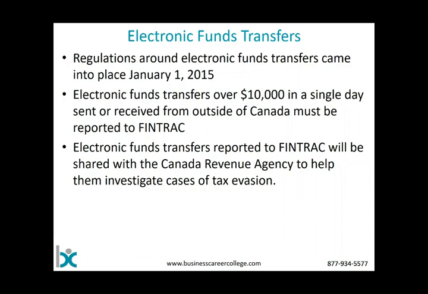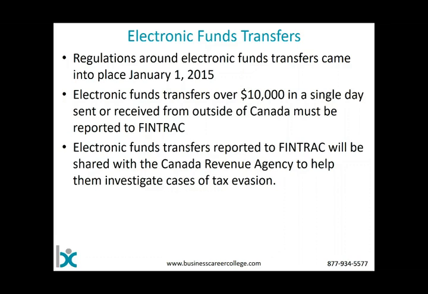And again, with electronic funds transfers, just like with a large cash transaction, we're looking at amounts over $10,000 in a single day. Again, just like a large cash transaction, if these electronic funds transfers are multiple transfers in one day that add up to $10,000, they also have to be reported.